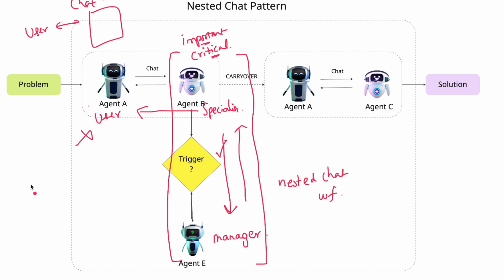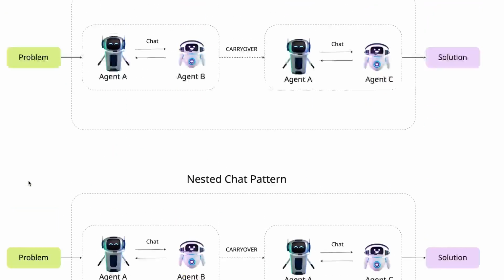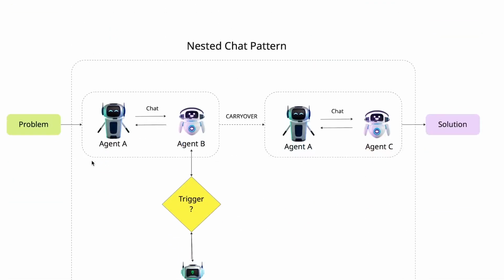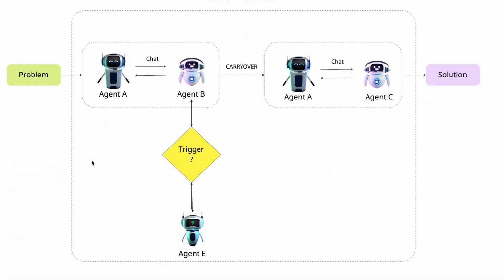In the other workflows, related to the sequential chat pattern, or in fact the two-way chat or the group chat, it's not mandatory that you're always exposed to a single interface like a chatbot here in our case. In the sequential chat pattern, of course, we were dealing with a chatbot, but that's not always the scenario. However, nested chat patterns allow that flexibility to expose a single interface so that the user is seamlessly experiencing the issue resolution.